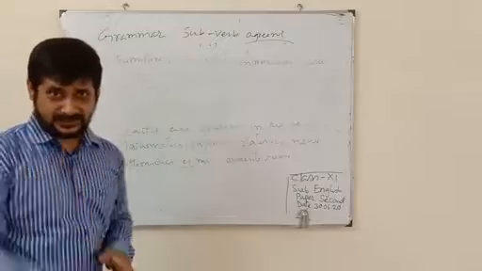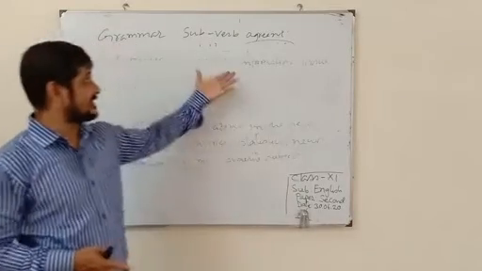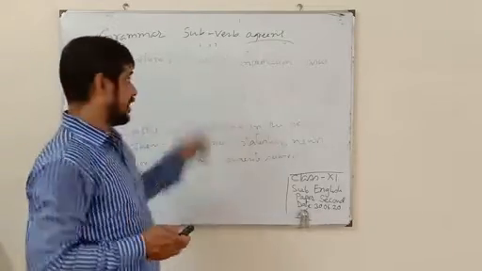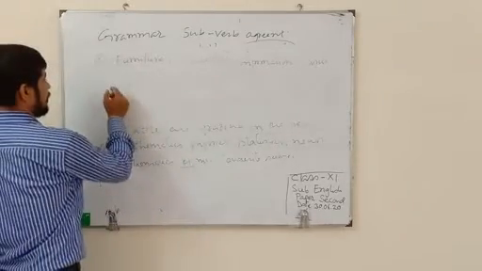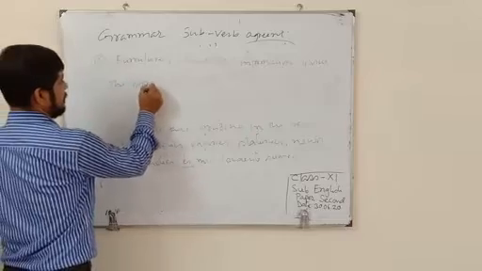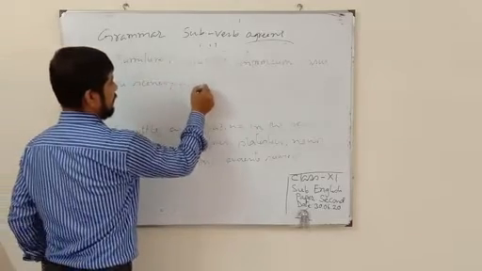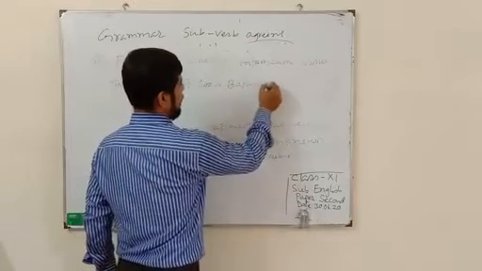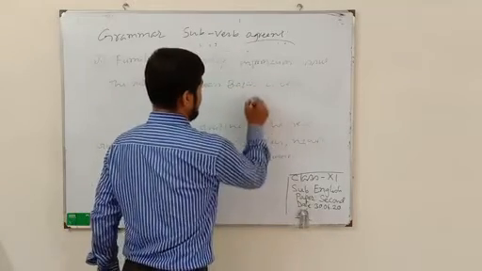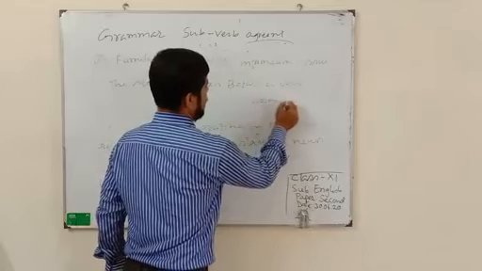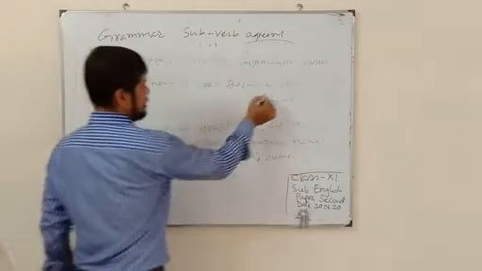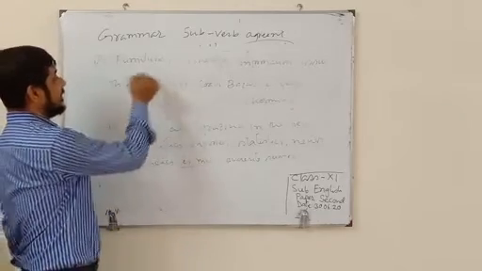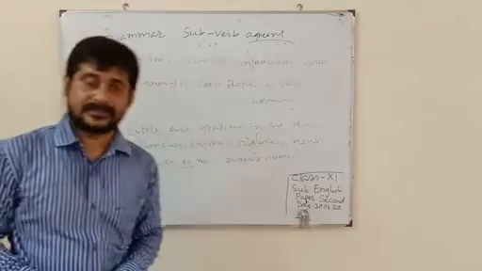So you have to remember that after these nouns we have to use a singular verb. The scenery of Cox's Bazar is very charming. Here we use a singular verb as the head word is scenery and it is singular.